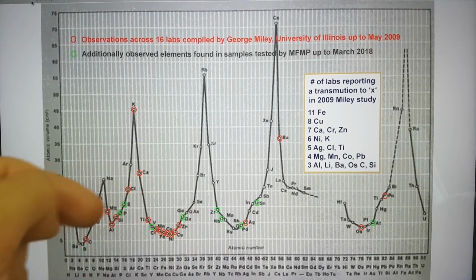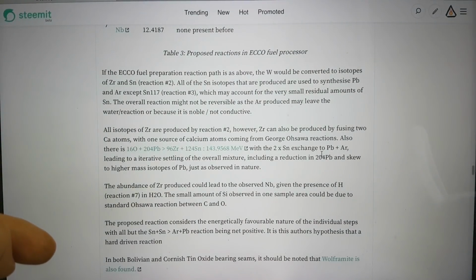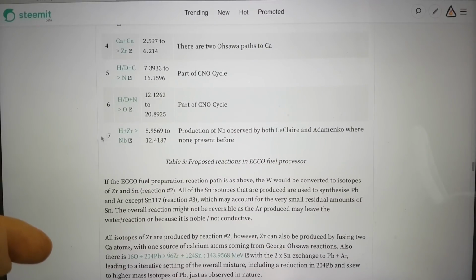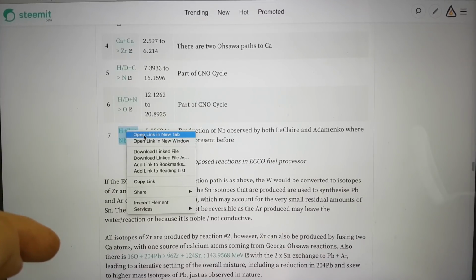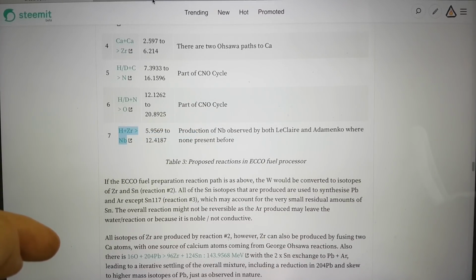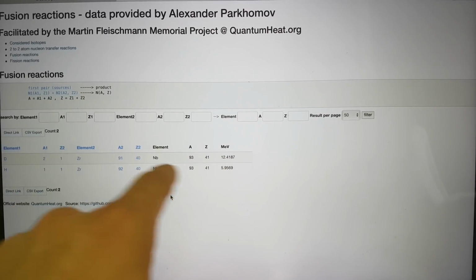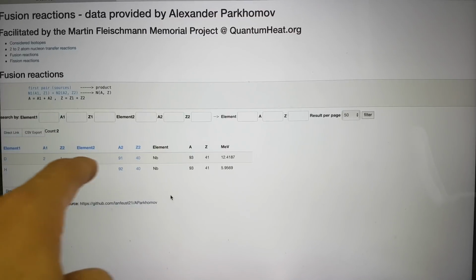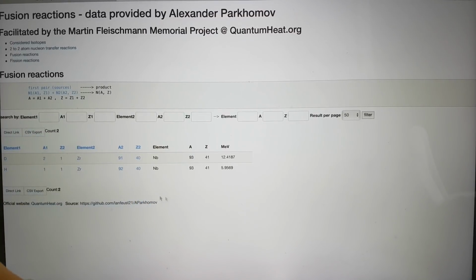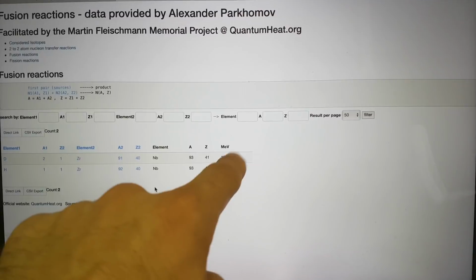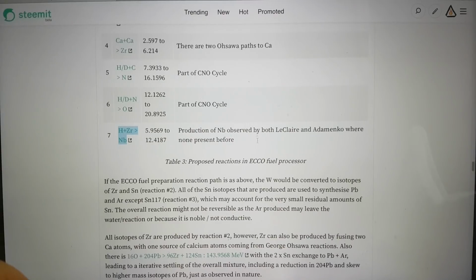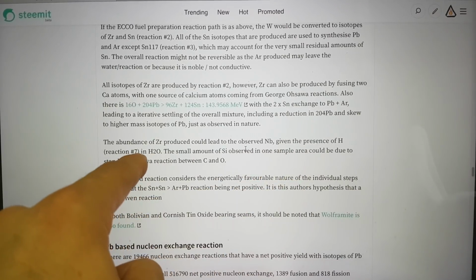It wants to do this, and hence they're energetically favourable. If you actually look at how much we're getting out of that, so open that link in a new tab, you're getting 12.4 and 5.9 depending on whether it's D or H, going to isotopes of zirconium. So it's energetically favourable to do that, given the presence of hydrogen, reaction 7.